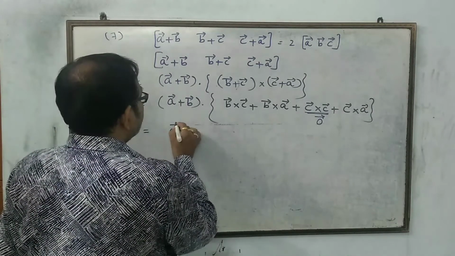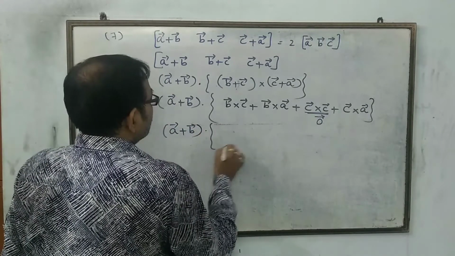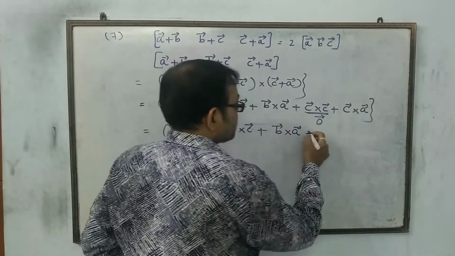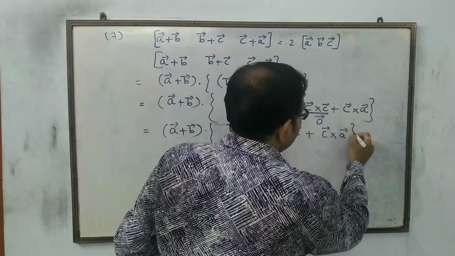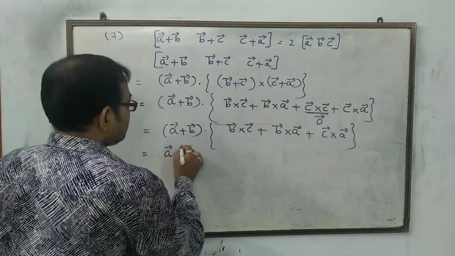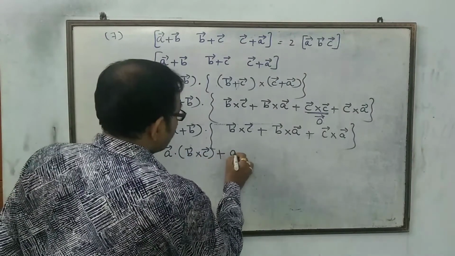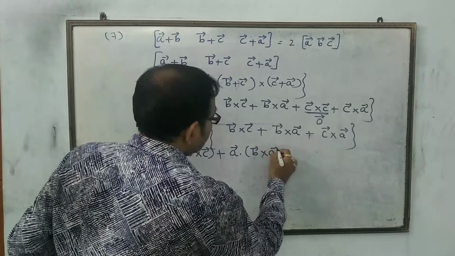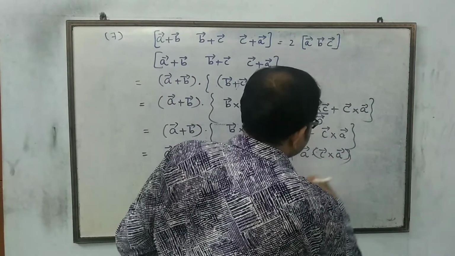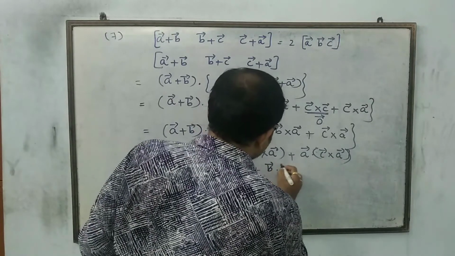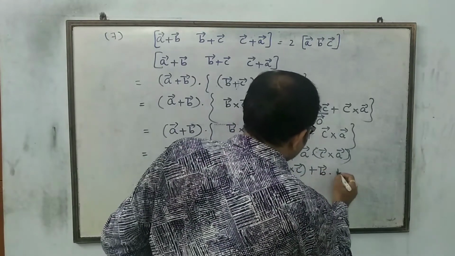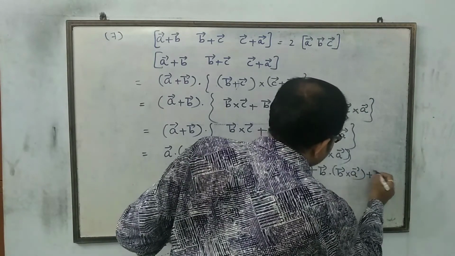So the next step will be A plus B dot B cross C plus B cross A plus C cross A. Next, A dot B cross C plus A dot B cross A plus A dot C cross A plus again B dot B cross C plus B dot B cross A plus B dot C cross A.